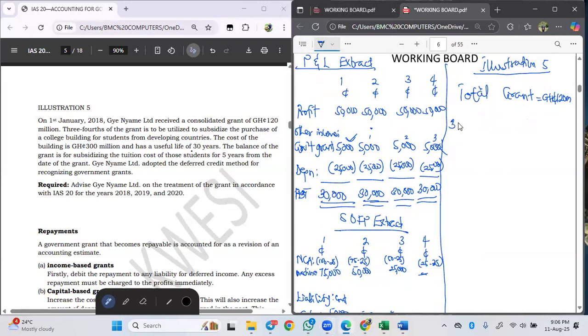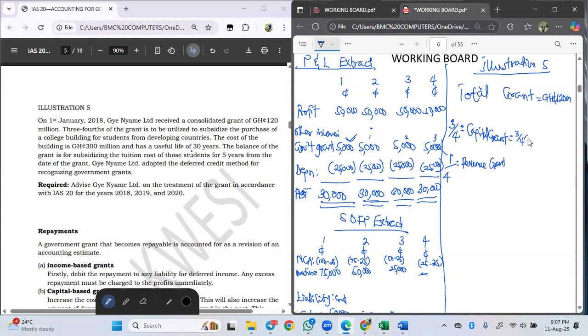So 3/4 is capital grants. The remaining 1/4 is the revenue grant, because we are saying that one is used to subsidize the tuition cost of students. So this one is a revenue expenditure.